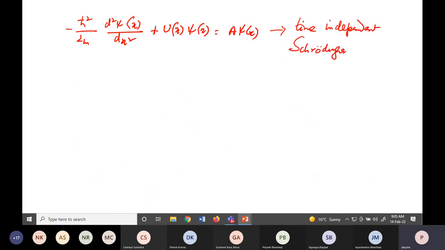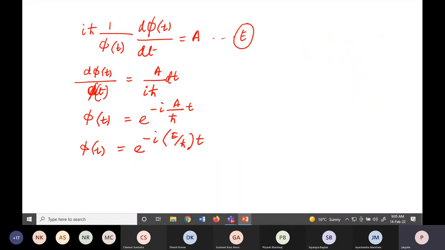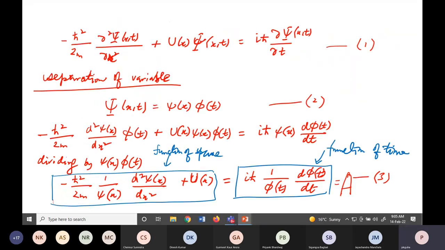Now you will see that for different problems, we are going to find psi of x, and then we will multiply that with e to the power minus i E over h bar t, because the general solution is psi of x multiplied by phi of t.